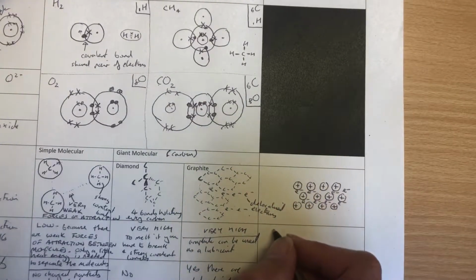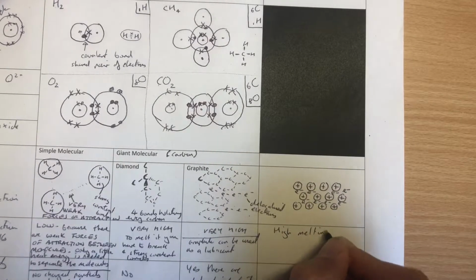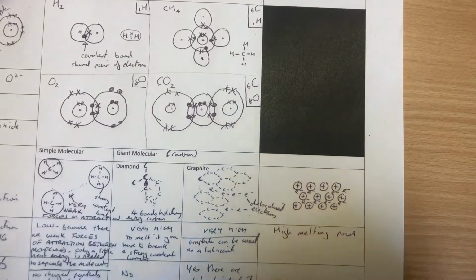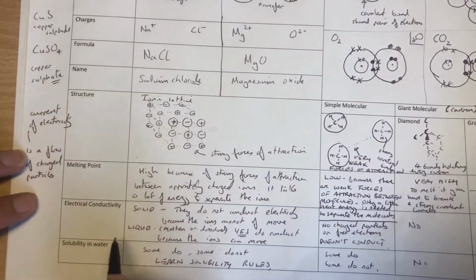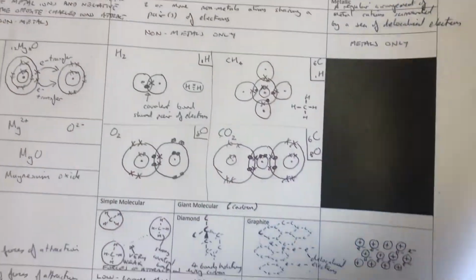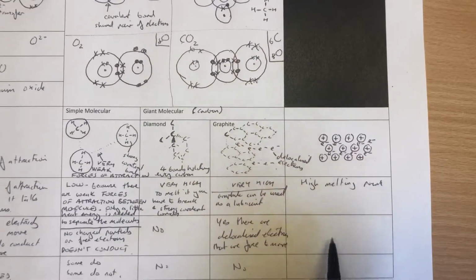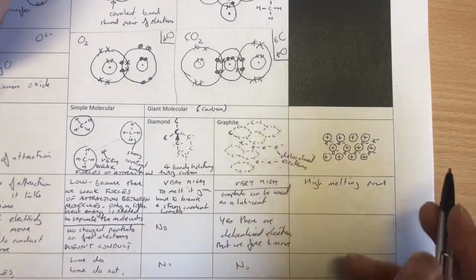So we have a high melting point. This row here was melting point. Just to remind you, we've looked at physical characteristics of melting point and electrical conductivity for ionic, for covalent, and now for metallic. So we have to talk about the melting point and the electrical conductivity of metals, and hopefully the structure here explains both of them.